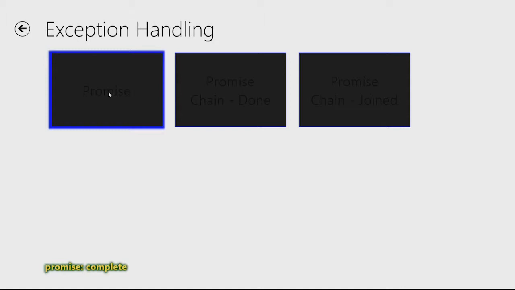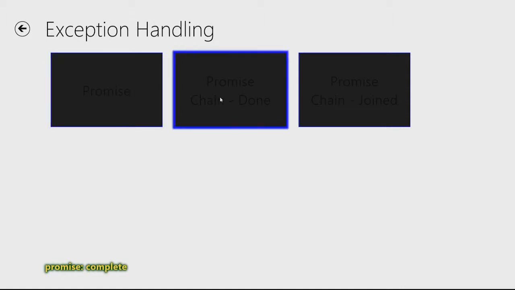I just said I want to see it complete, it completed. Now I'm going to go to the next one, and I know you can't read what's in that box, but it says, let's see it with a chain. So I'm clicking on the chain. Now I happen to know that I intentionally throw an error right when it gets to 2. And then my response is to say, moo ha ha ha, you blew it.